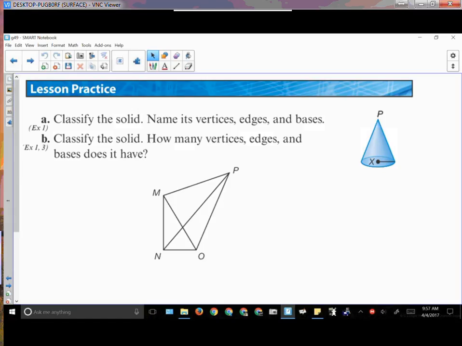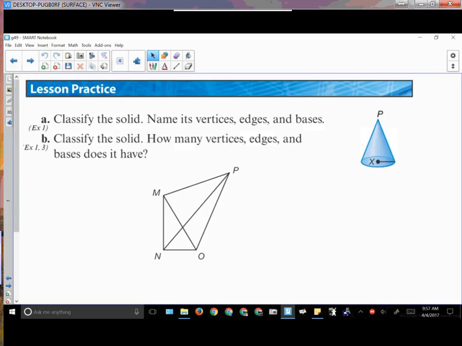Just MNOP. That's all it's going to be. So how many edges does it have, Caleb? Okay. And how many bases does it have, Parker? 4. That's 4 edges, 4 vertices.